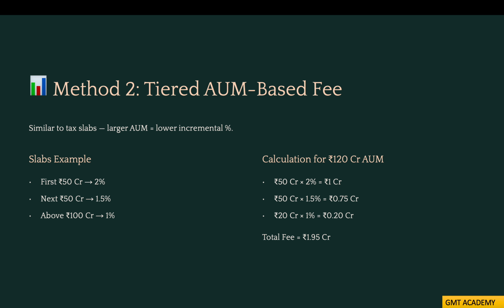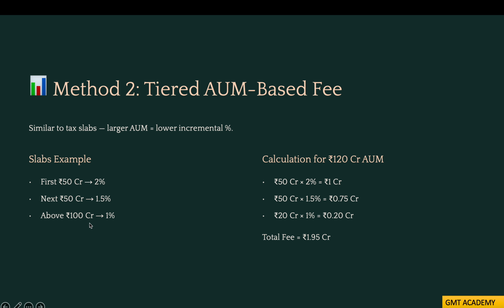Method 2 is the tiered AUM based fee. What will happen is, say a new fund started and a few investors were added: one investor added 50 crore, the next investor came with 50 crore, and investors above that will be 100 crore.